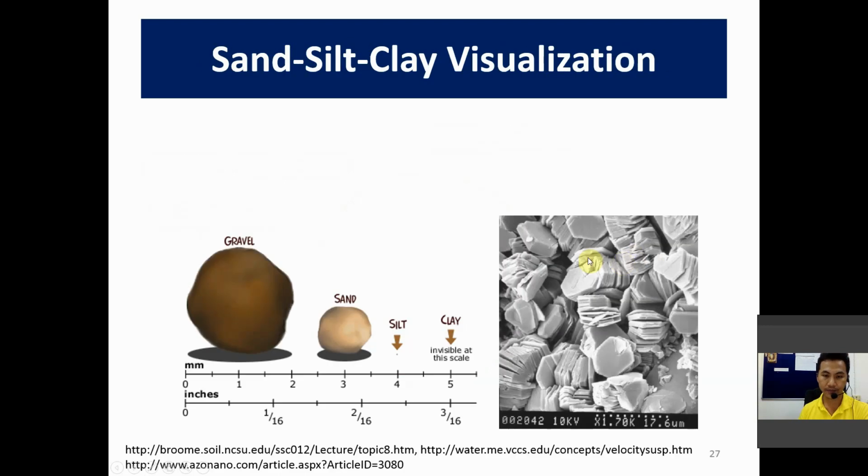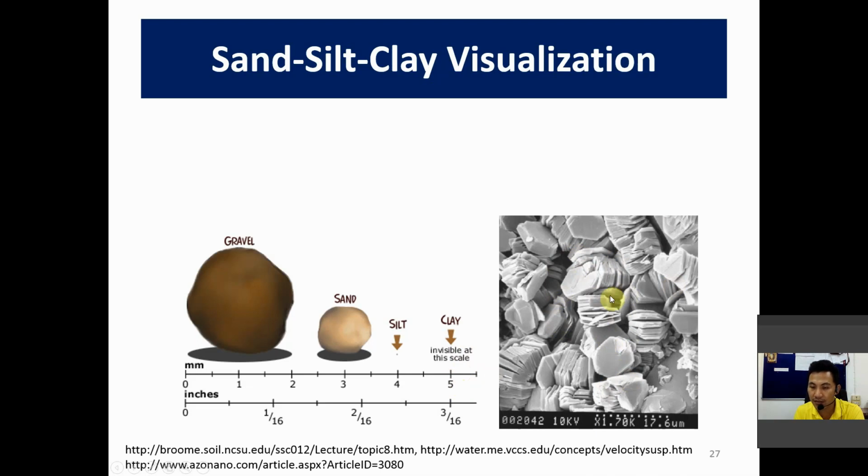Once we talk about the fine earth size fraction, we refer to something that is less than 2 millimeter and downstream of that. This is the sand, silt, and clay visualization. The gravel, sand, and silt are pretty much almost like spheres, so when you do some sort of modeling that cares about the shape of the soil particle, sand and silt are more like spheres. But clay is invisible at this scale, so you have to use some sort of electron microscope to see how it looks.